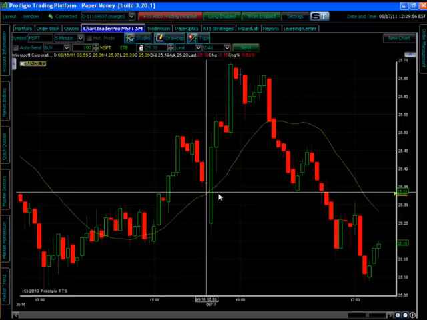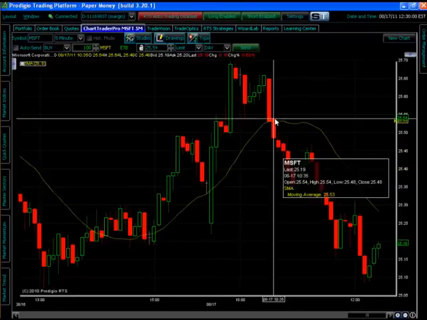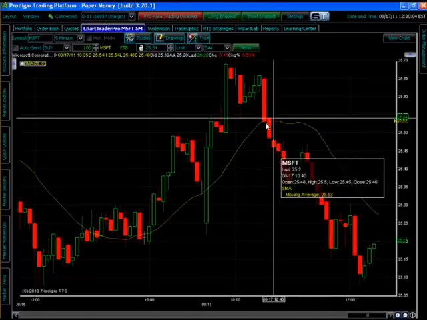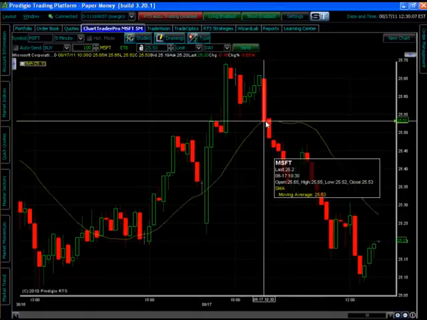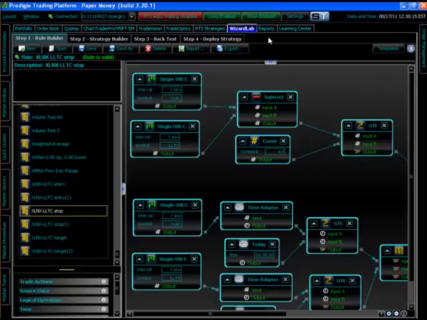In Wizard Lab, I could create a rule that when price crosses this moving average, it fires a signal. And that signal is then sent into a strategy, and that says if I should buy the stock, sell the stock, if I should add more into the position and scale in, if I should get out of a position, etc. Step one is finding those signals.